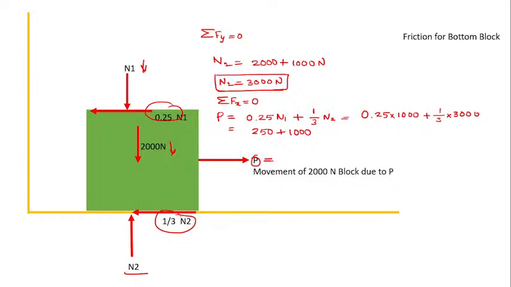Therefore, the horizontal force required to move block B when applied force P is horizontal is P equal to 1250 newtons.